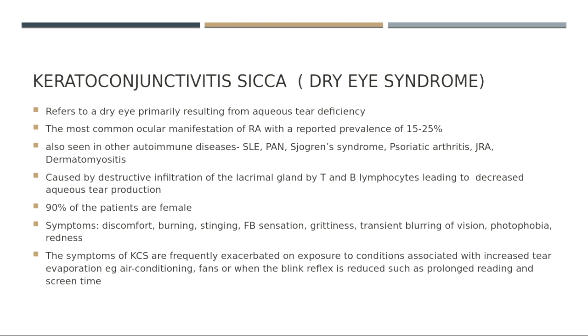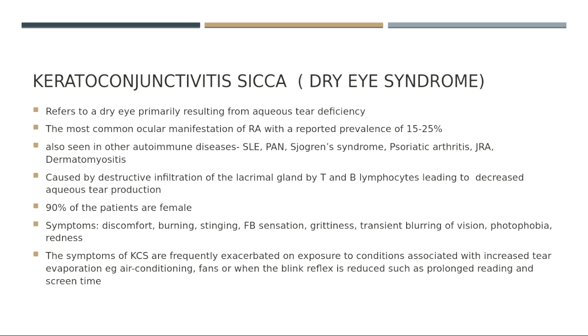Dry eye syndrome, which we also call keratoconjunctivitis sicca, refers to a dry eye primarily resulting from aqueous tear deficiency, which is the middle layer of the tear film secreted by the lacrimal glands. It is actually the most common ocular manifestation of rheumatoid arthritis, with a reported prevalence of 15 to 25%, but may also be seen in other autoimmune diseases.